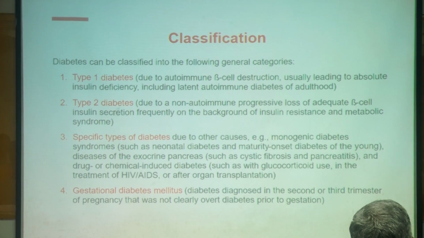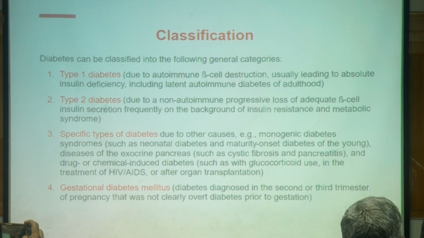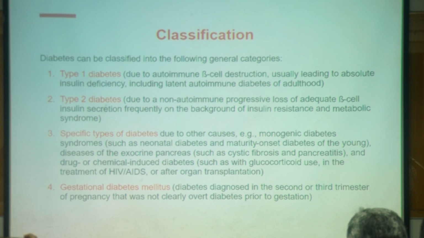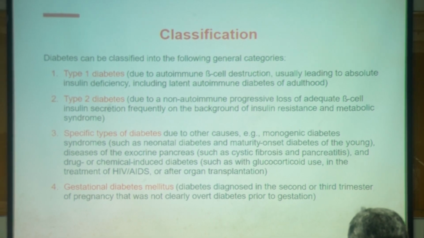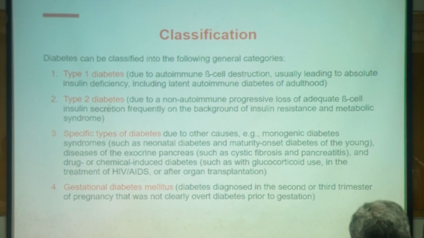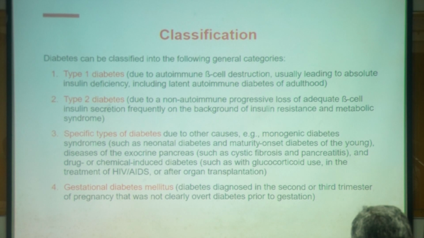Only 2 to 5% is type 1. Specific types due to other causes include monogenic diabetes, that is MODY, maturity onset diabetes of the young, and neonatal diabetes; diseases of the exocrine pancreas, that is cystic fibrosis and pancreatitis; and drug-induced diabetes, like glucocorticoids and HIV and AIDS medications. Gestational diabetes you all know very well.